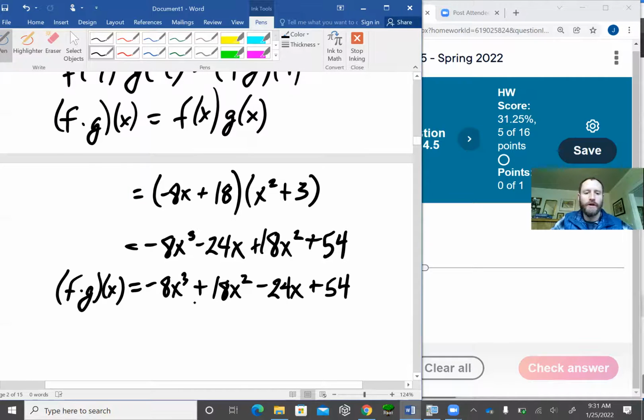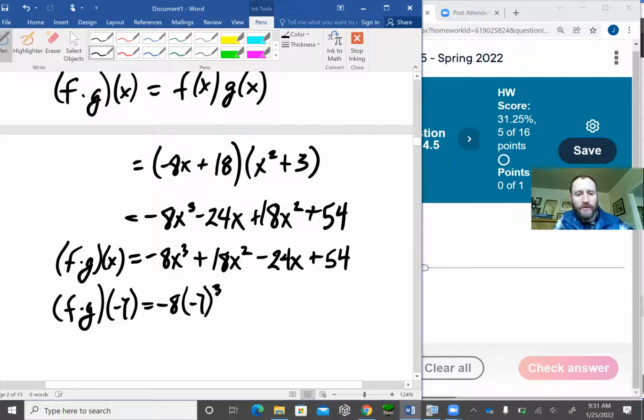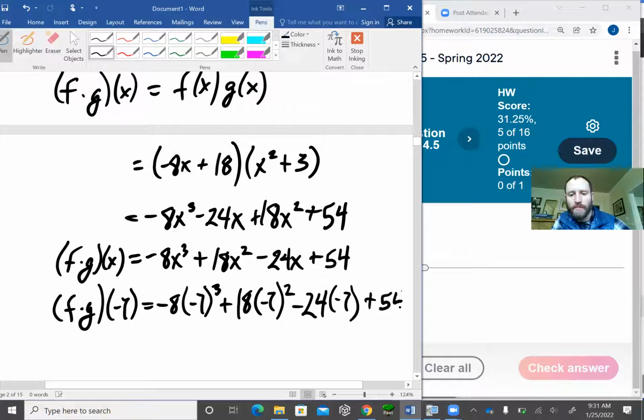And now we're going to find f times g of negative 7. So negative 8 times negative 7 to the third plus 18 times negative 7 squared minus 24 times negative 7 plus 54. Okay, so a long line of math there.